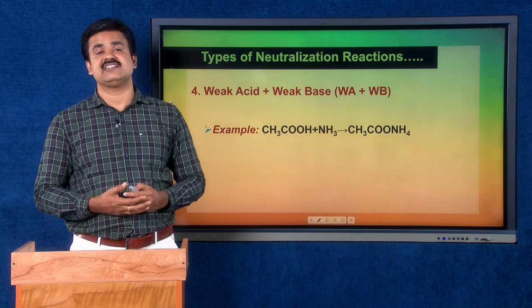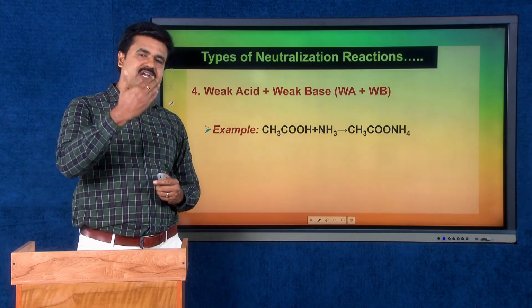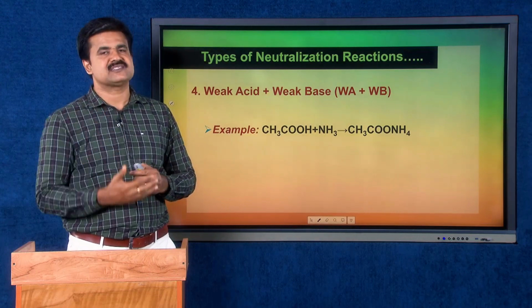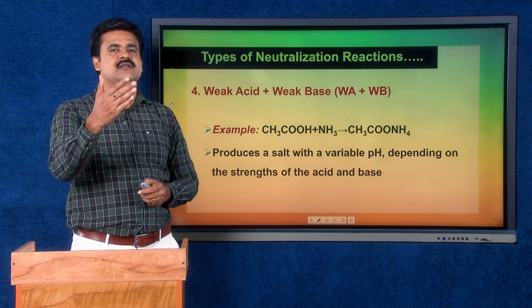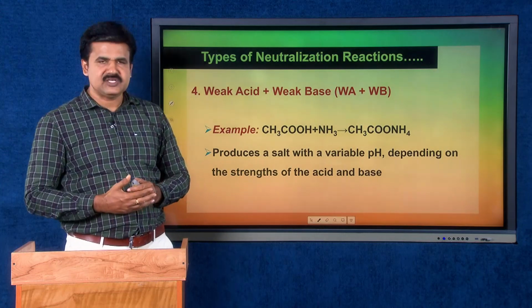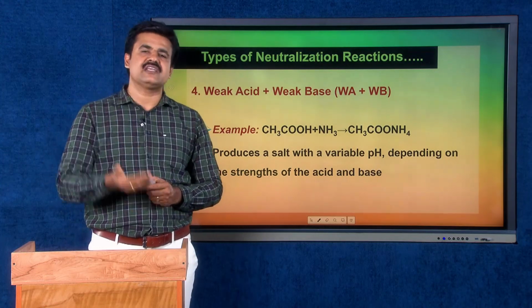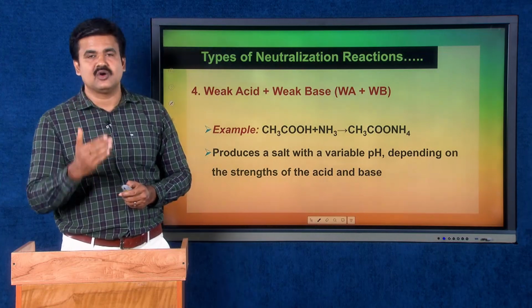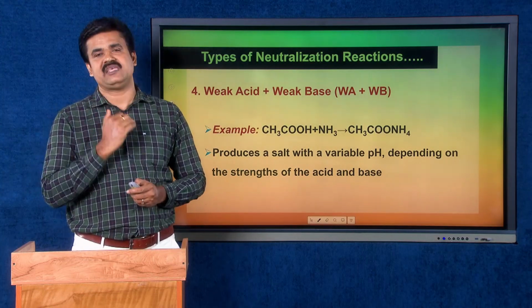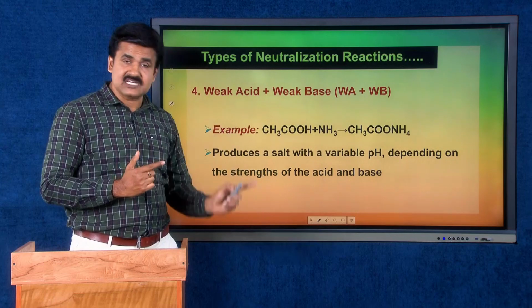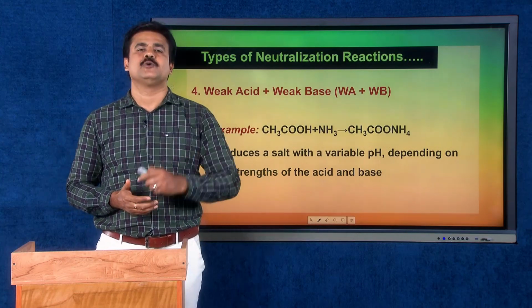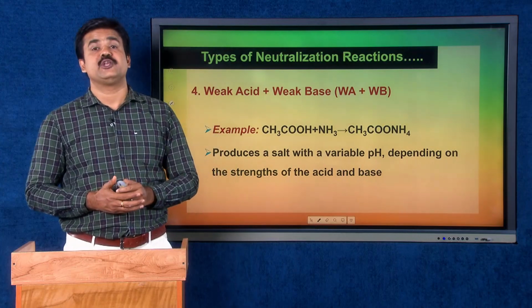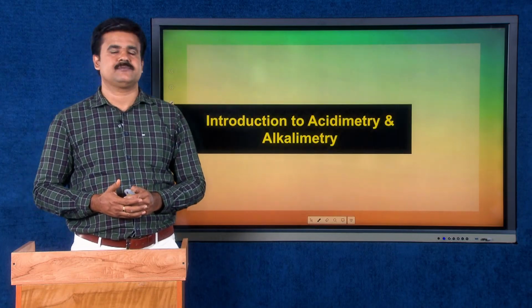Then you can write the expression as CH3COOH plus NH4OH produces CH3COONH4 plus water. And this neutralization reaction between a weak acid and a weak base produces a salt with variable pH depending on the strength of the acid and base initially taken. That is all about the 4 types of neutralization reactions.